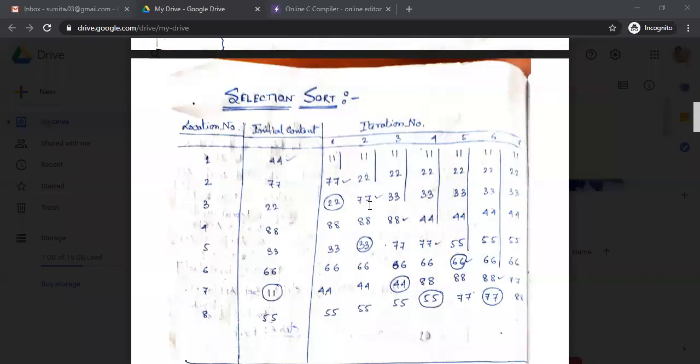So the third element is 77, not 22, because in every iteration your array elements' positions change.